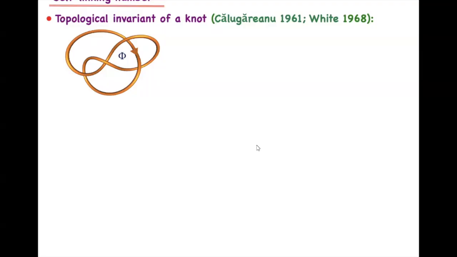No mention of Calugareanu. And so people started to attribute this formula to White. And when I told this story to Vaughan Jones, he had heard a little bit about this. He said, oh, wow, amazing. He was very, very surprised.